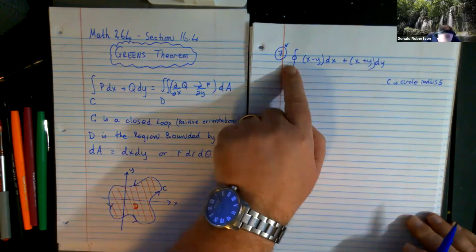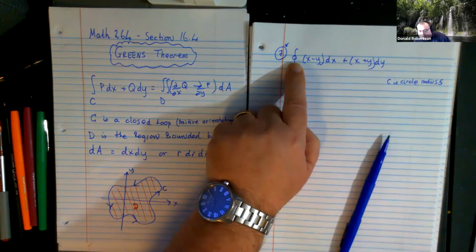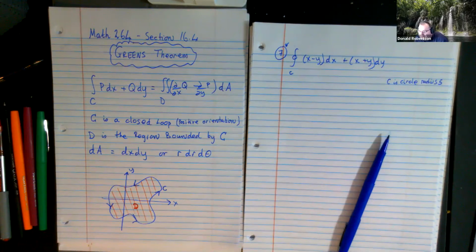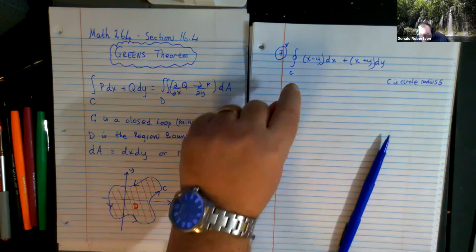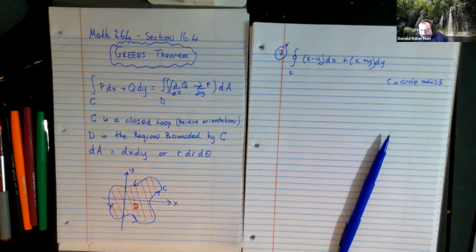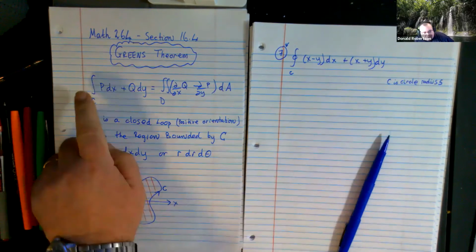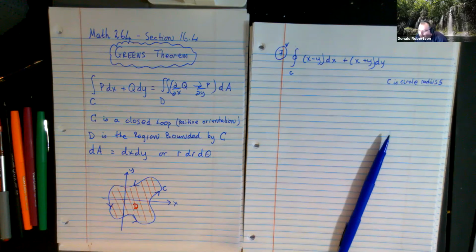We'd like to do this closed loop. Do you see that funny little circle around the integral? That notation means that it's a closed loop. If you don't have it, it doesn't mean that it's not a closed loop. It might or might not be.